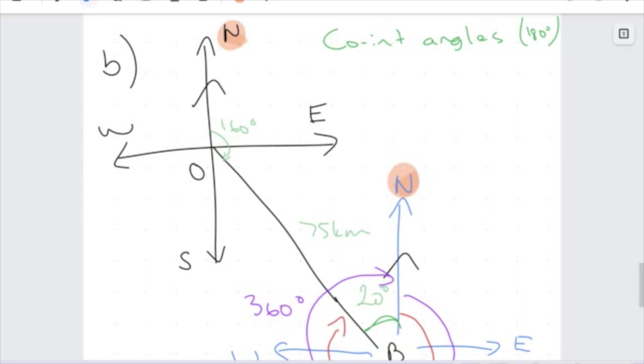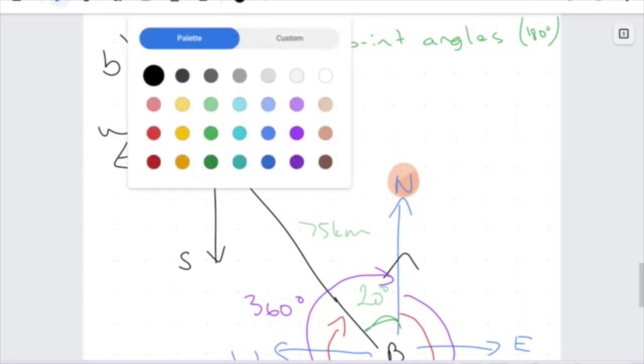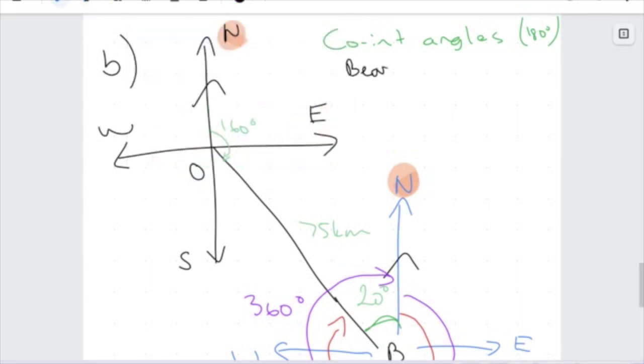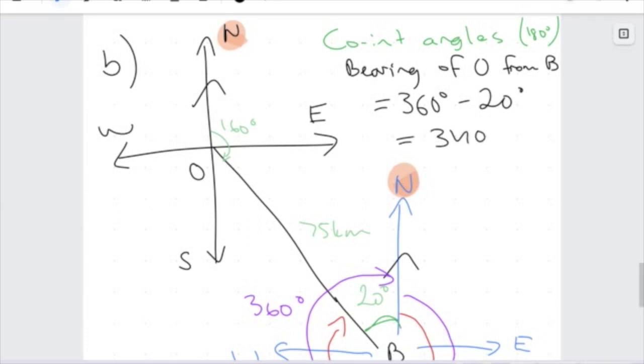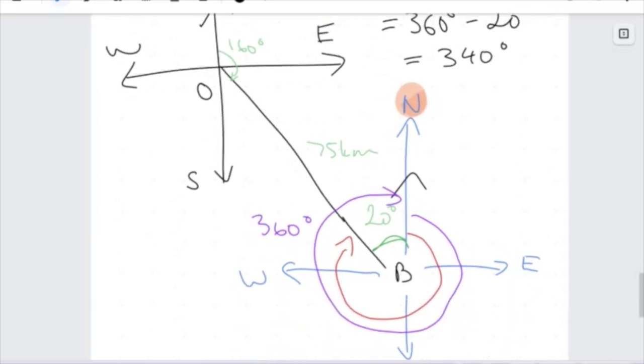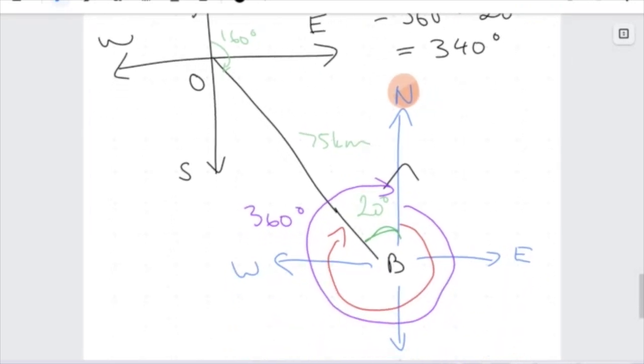So my bearing of O from B equals 360 minus 20 degrees, which gives me 340 degrees.